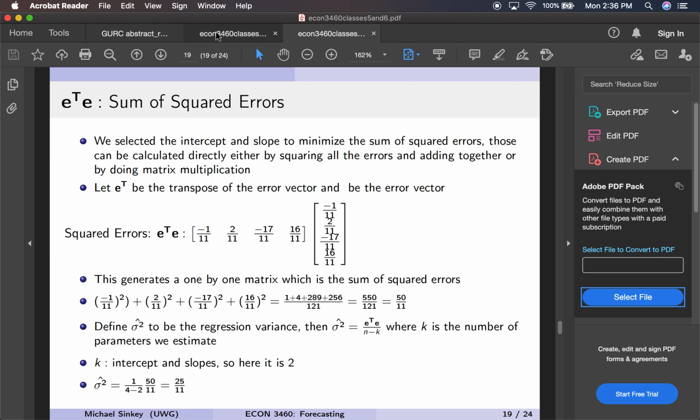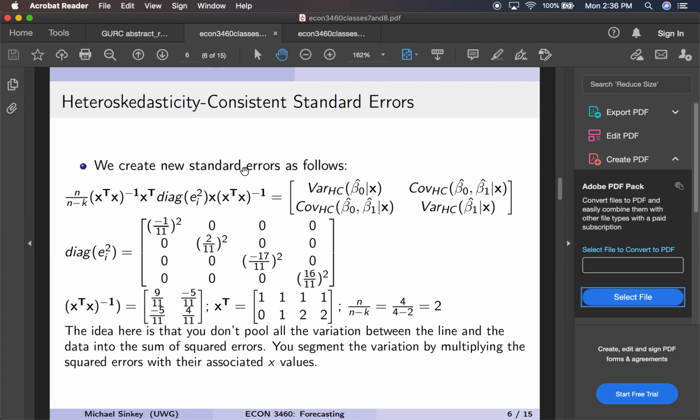Now what we do is we say, well, we still want to find the variance of beta 1x, but we're not going to just treat the errors as being this constant.